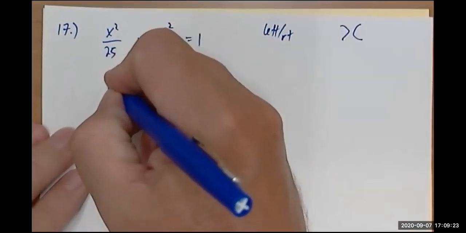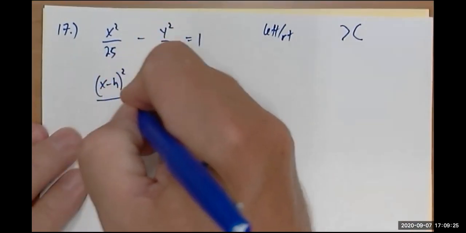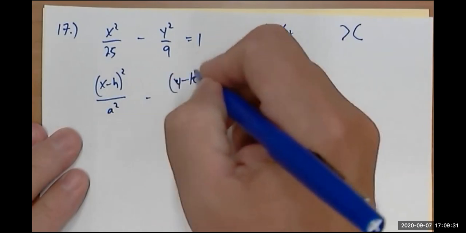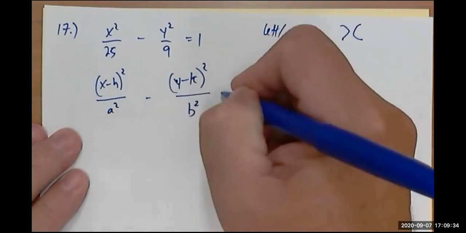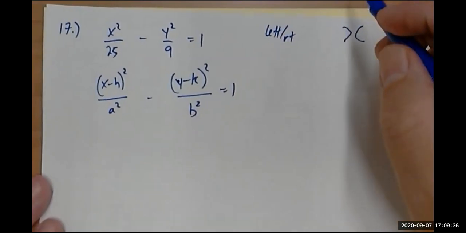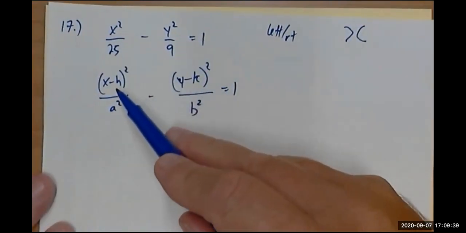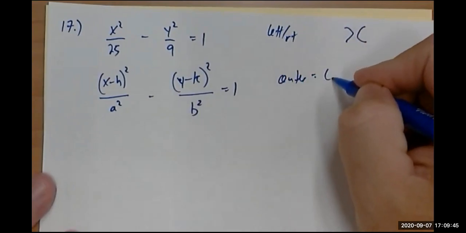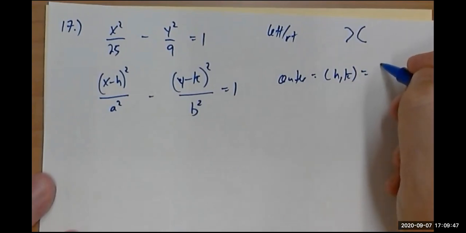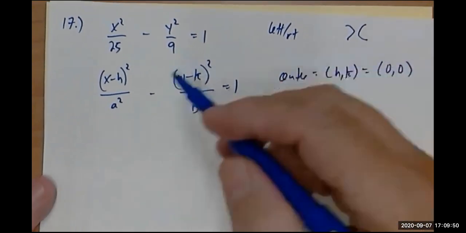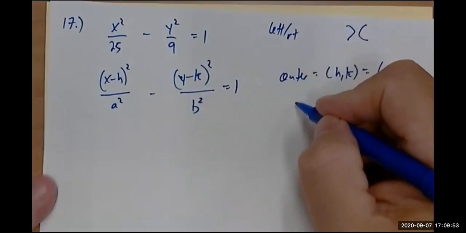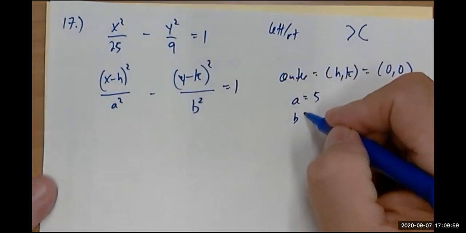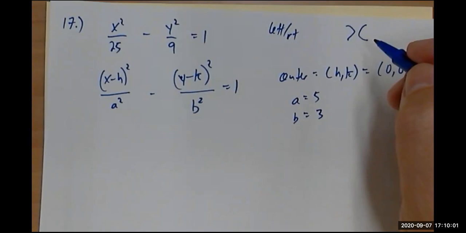If I write down the standard equation, hopefully you can see H and K are going to be 0. So just like an ellipse, we call H and K the center of the hyperbola. It's going to be at the origin. It's pretty easy just to compare here and realize that A is going to be 5 and B is 3.